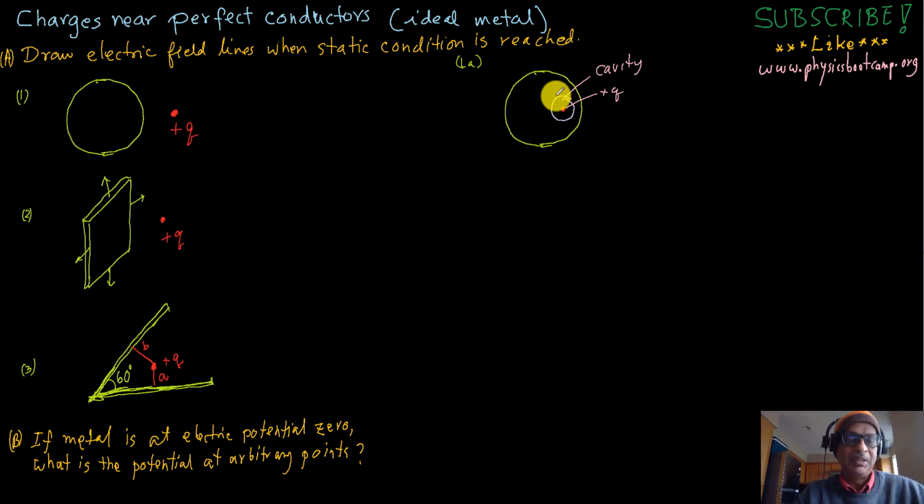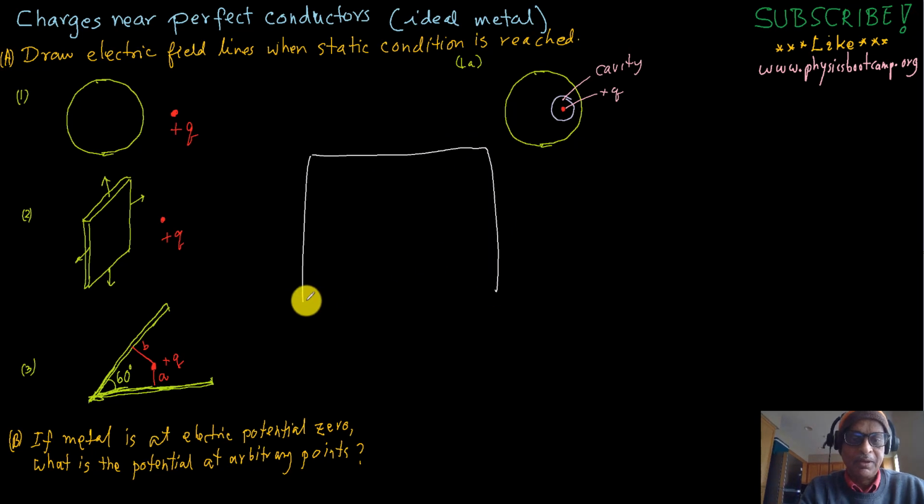So how do we answer these kinds of questions? Let's see. You already know the case where there's no metal sphere. So let's recall that. This is the entire system: you have only one charge and no metal around.